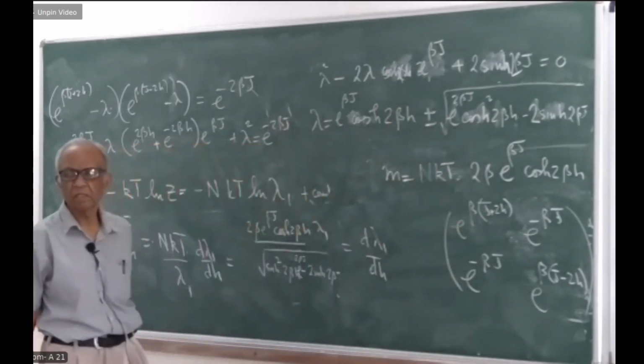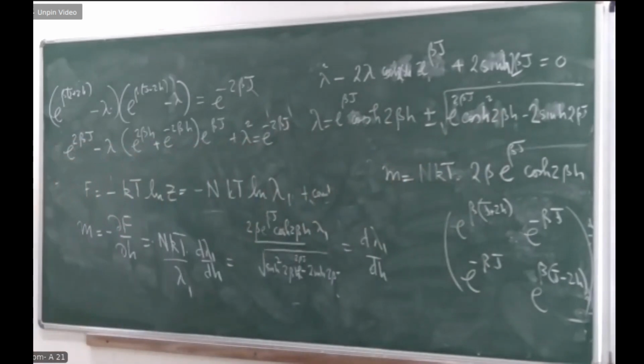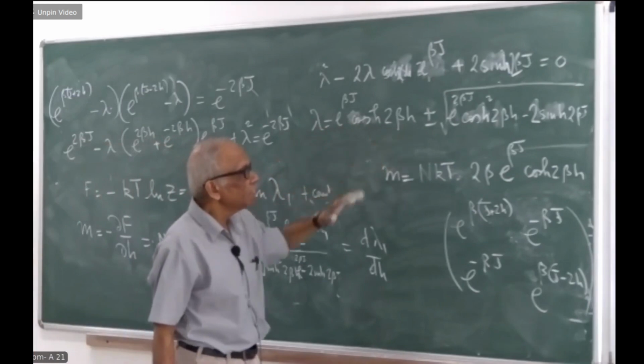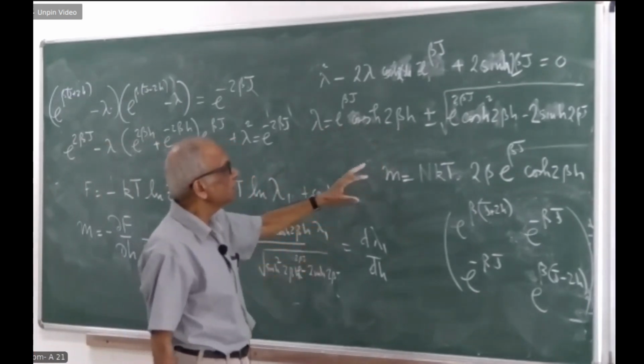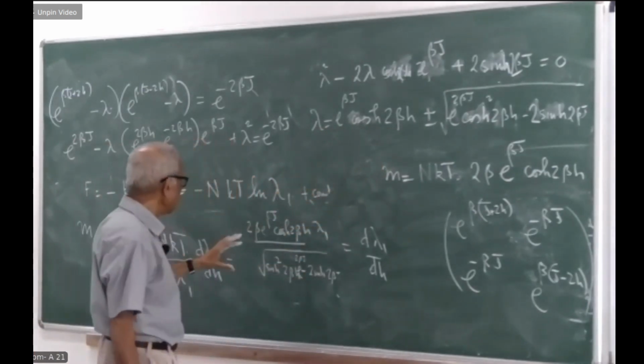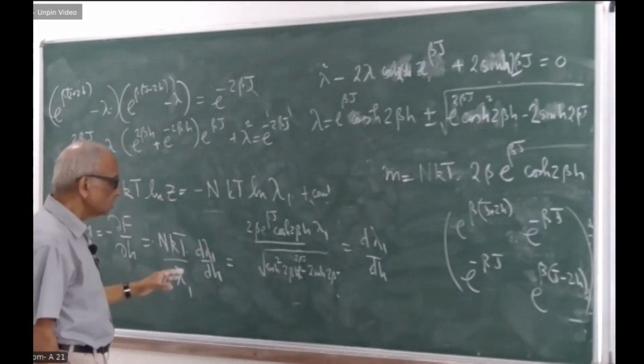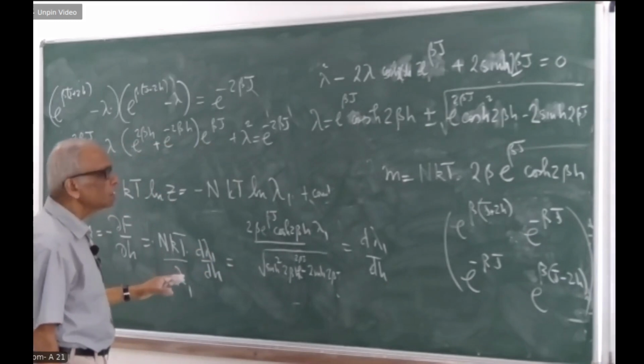All right, so it should have been e to the power this, magnetization. So all right, let me get, I think what is wrong here, the square.